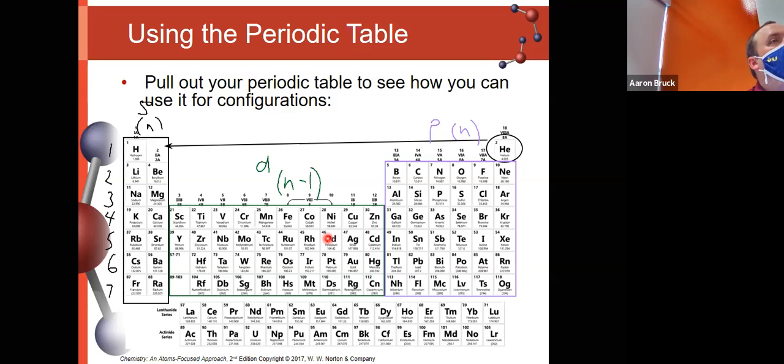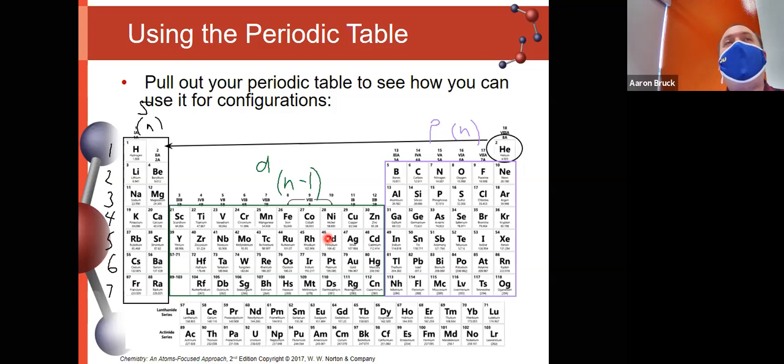This is primarily to account for that energy gap difference. The fact that the 3d, the 4d, the 5d are all slightly higher in energy than the 4s, the 5s, the 6s, and so on. We're taking that into consideration, and so we've offset it by that little bit.